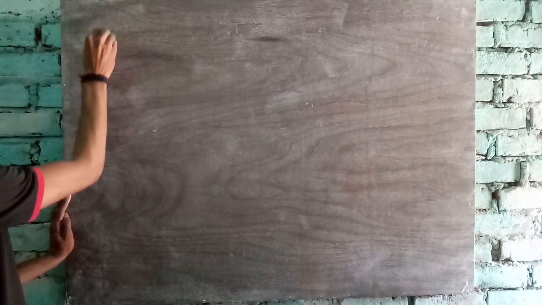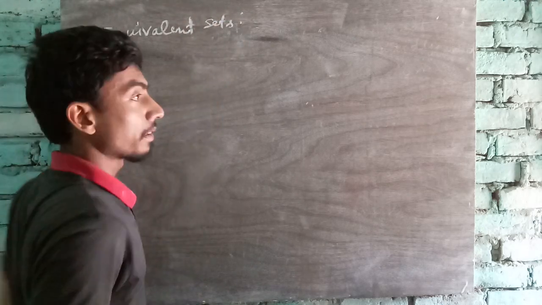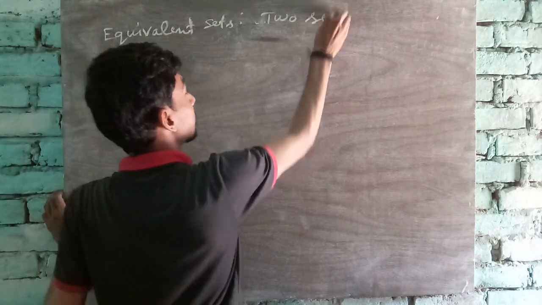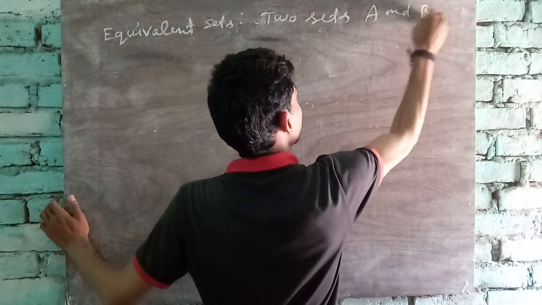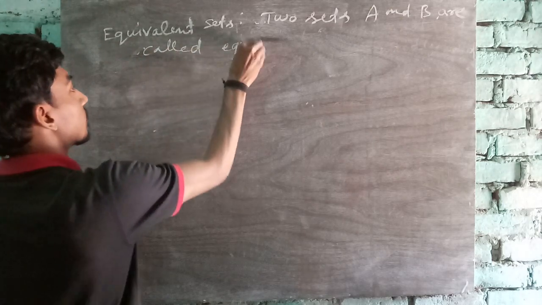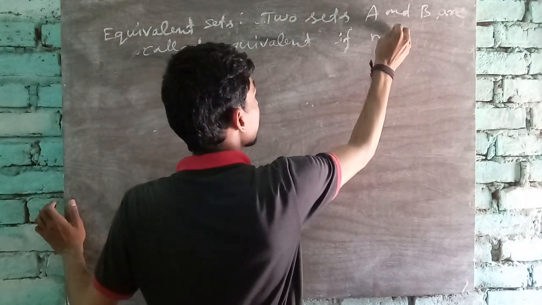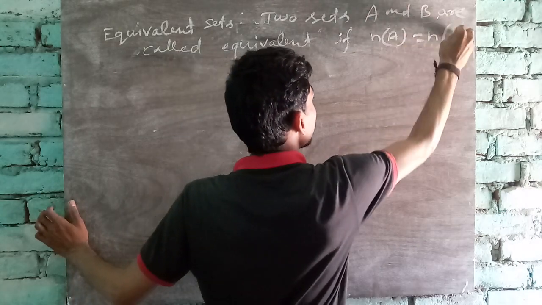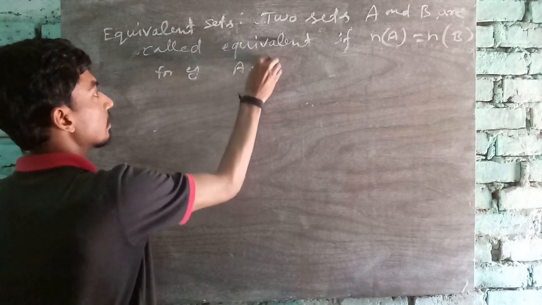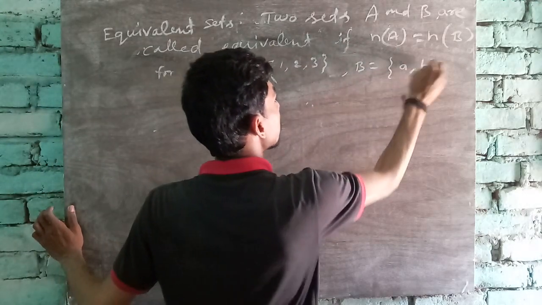Now equivalent sets. Two sets A and B are called equivalent if the number of elements of set A is equal to the number of elements of set B. For example, A is equal to {1, 2, 3} and B is equal to {a, b, c}.